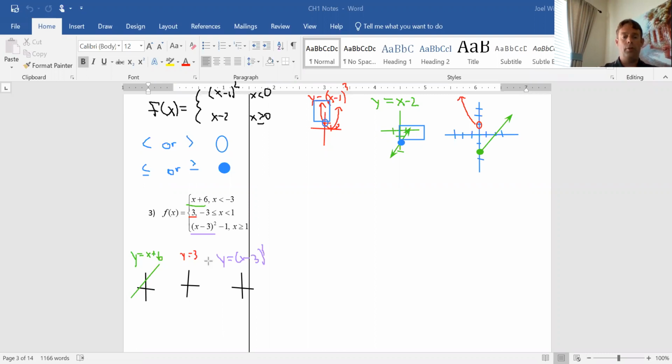Y equals 3, that's this kind of a graph, a constant graph. And x minus 3 squared, that's going to have a vertex at 3, 0. So that's going to be looking like this. So we're going to have to put all these pieces together.